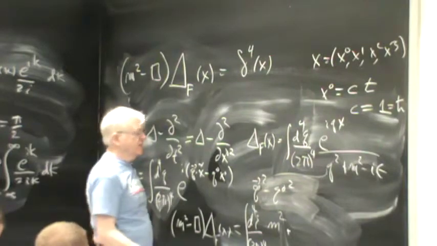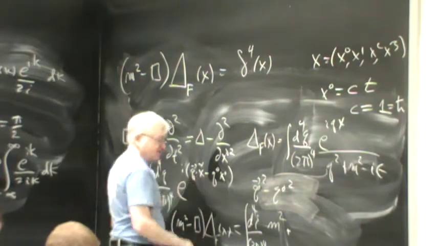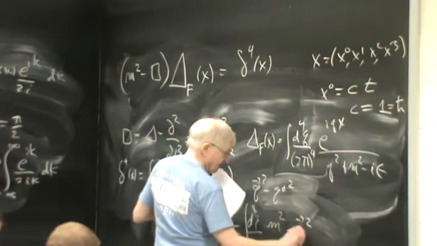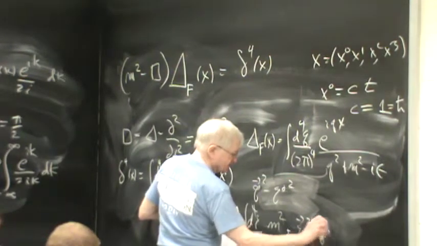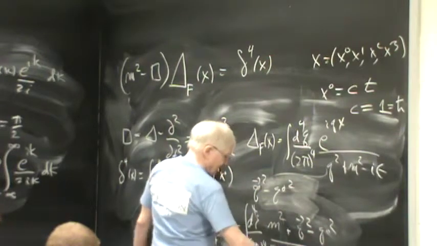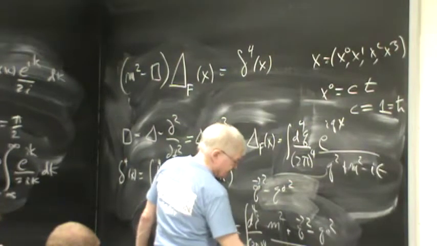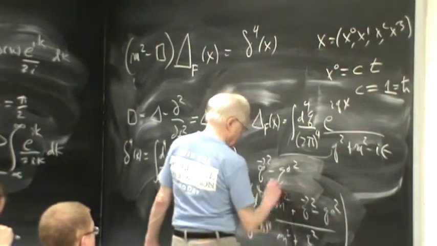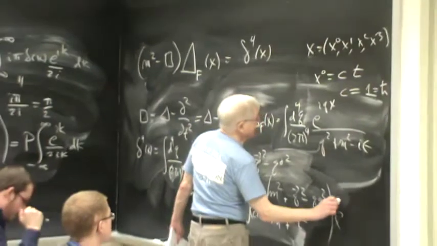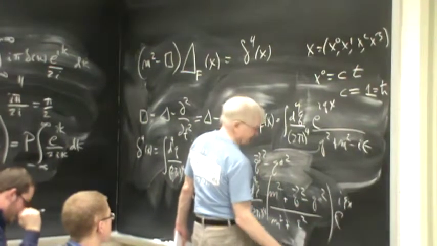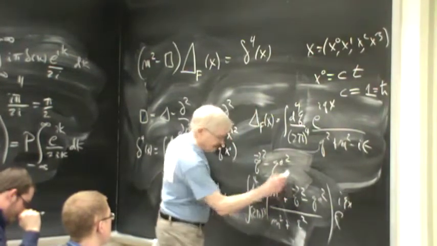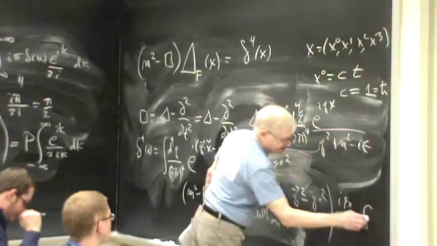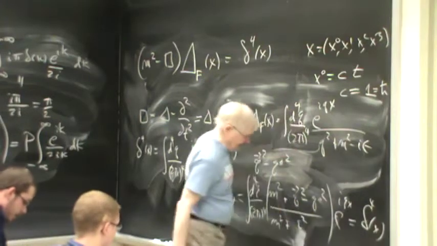And then the d by dx squared gives us a q squared, and then you have minus q0 squared, and that's divided by m squared plus q squared, where this is exactly the same as that. And then the exponential remains as e to the i q dot x. And so this cancels, that's just 1, and then this is just delta 4th of x.